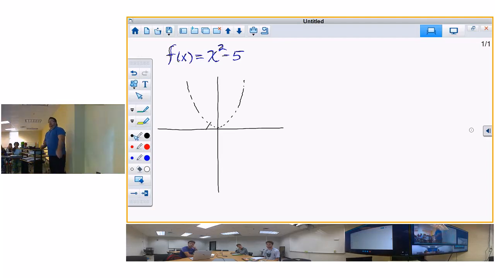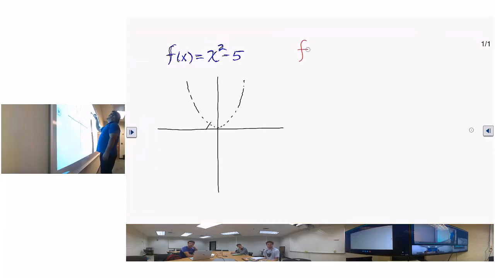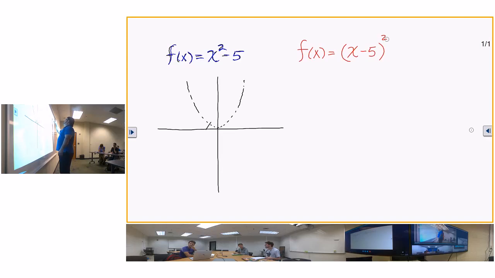Anyway, so there's the parent function. Now, what if I wrote f of x is equal to x minus 5 quantity squared minus 5?